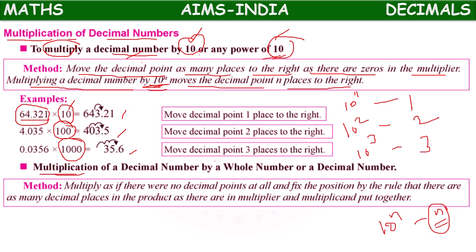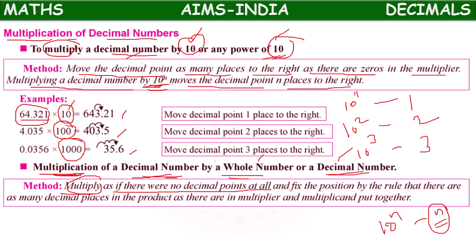Okay. Next method. Multiplication of a decimal number by a whole number or another decimal number. Either by a whole number or by another decimal number. What we have to do means, so multiply as if there were no decimal points at all.